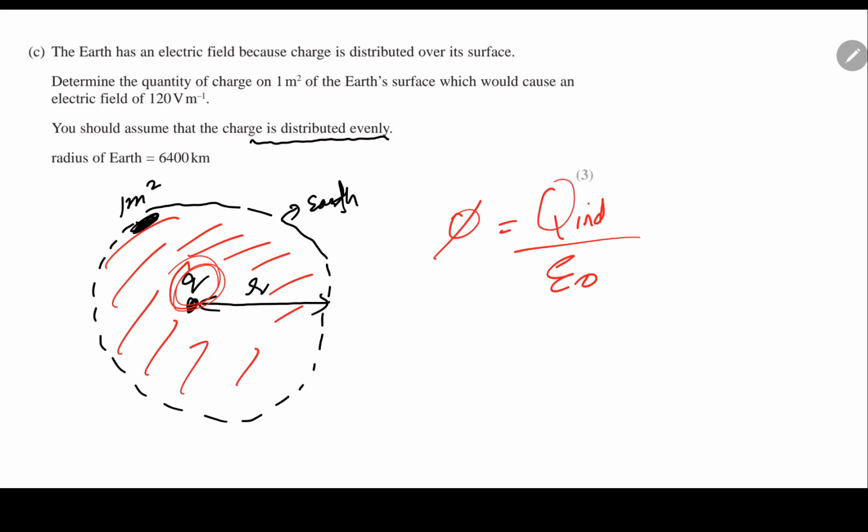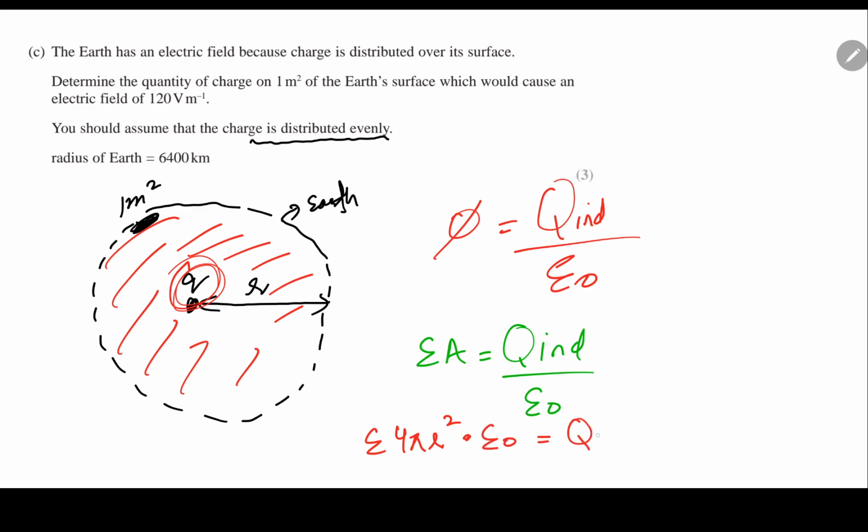So what we can do here is find the charge inside this Gaussian surface as EA equals Q inside over epsilon naught. I know E times 4 pi r square times epsilon naught is going to give me Q inside.